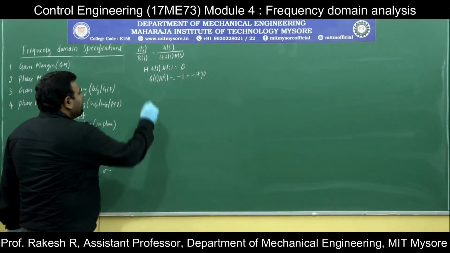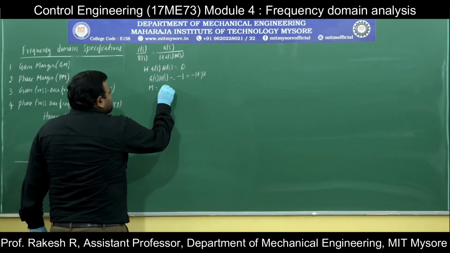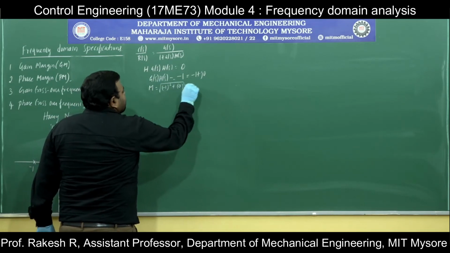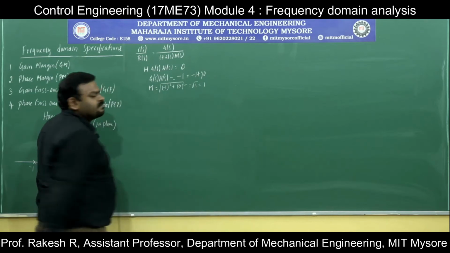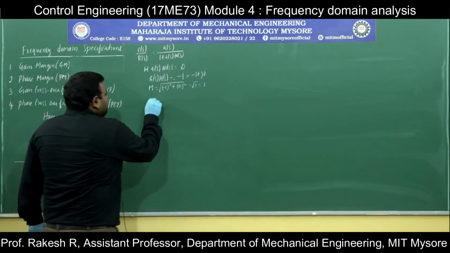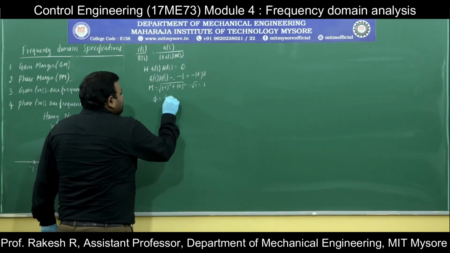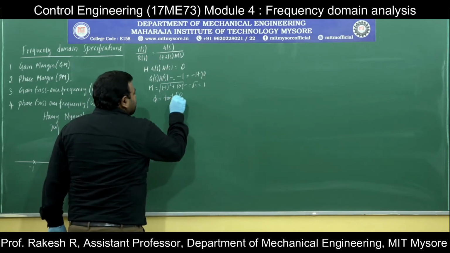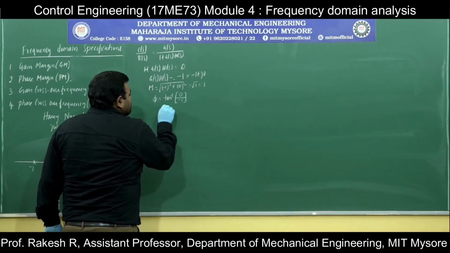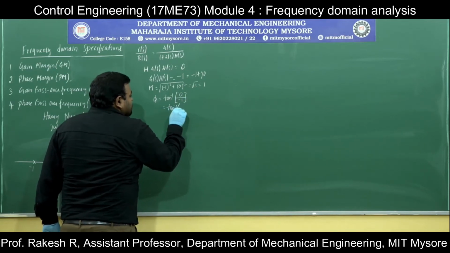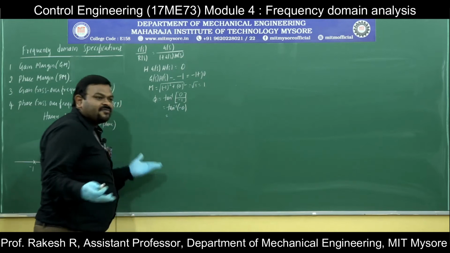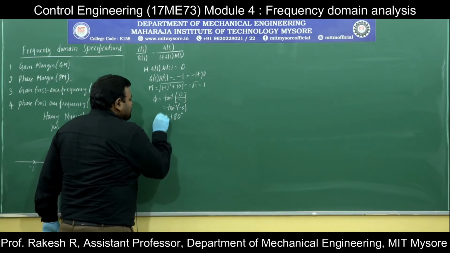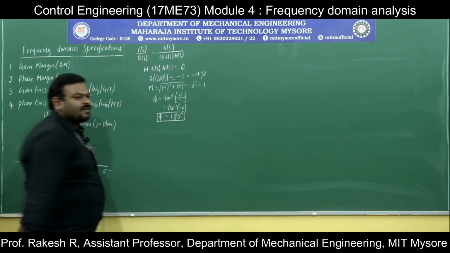If I solve the magnitude for this, the magnitude will be equal to the square root of real part square plus imaginary part square, which is the square root of 1, so it is 1. The phase angle will be equal to tan inverse of the imaginary part, which is 0, divided by the real part, minus 1. So tan inverse of minus 0. What is tan inverse of minus 0? Yes, 180 degree. Very good. You have to remember this, very important thing, 180 degree.